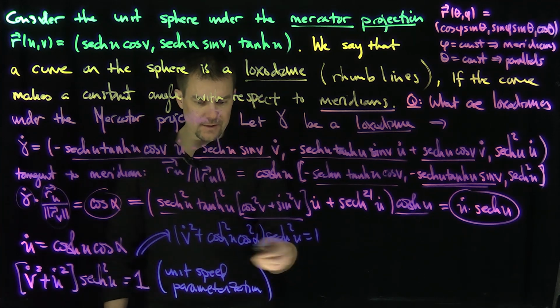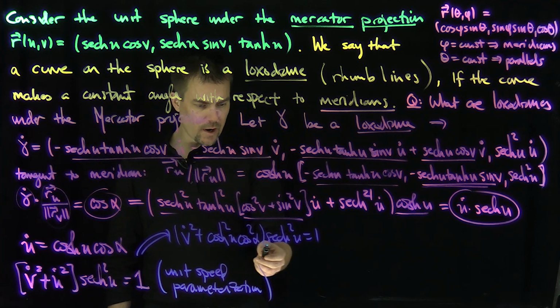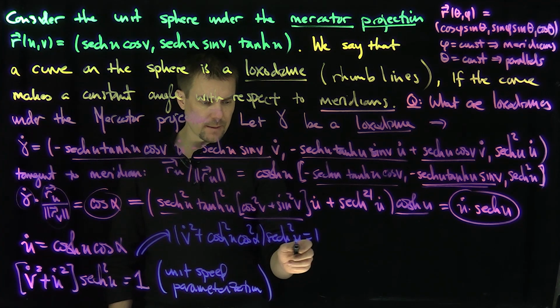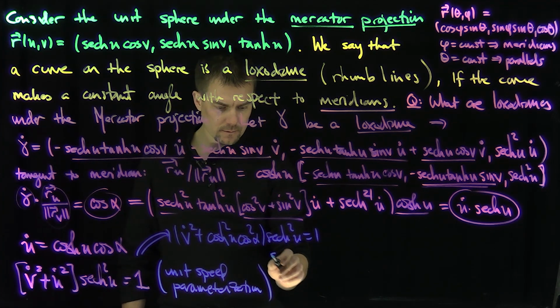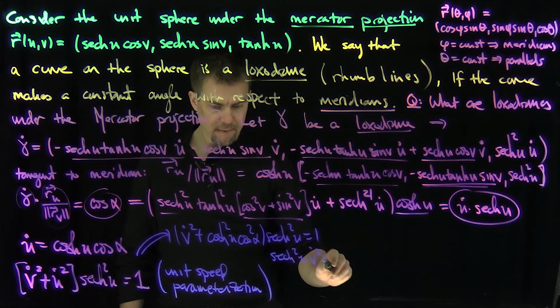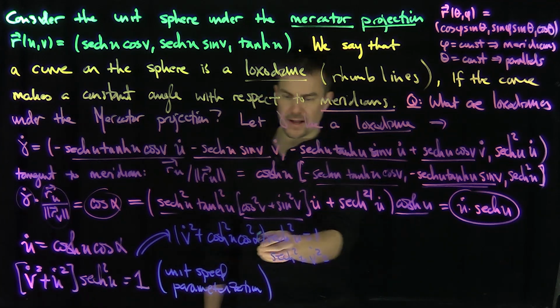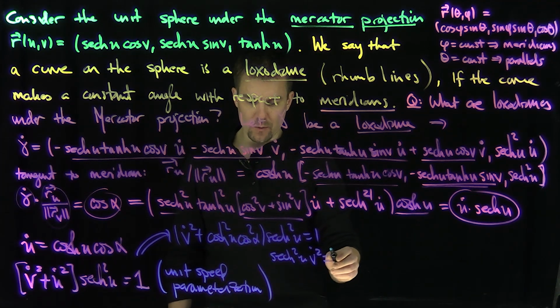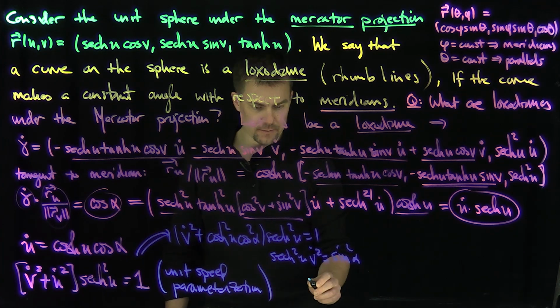Of course, those are going to cancel out over here. So what's that going to tell me? That's going to tell me that V dot squared times hyperbolic secant squared U is going to be equal to what? That's just 1 minus cosine squared, and 1 minus cosine squared is a sine squared. So sine squared of alpha.